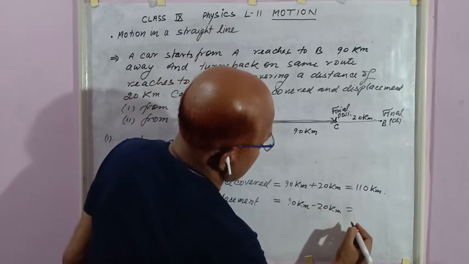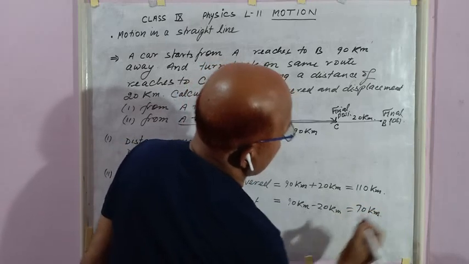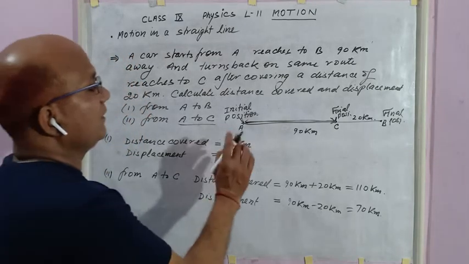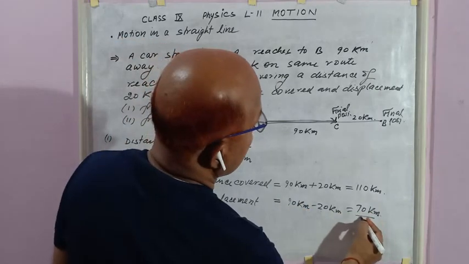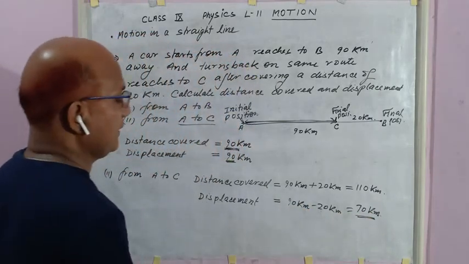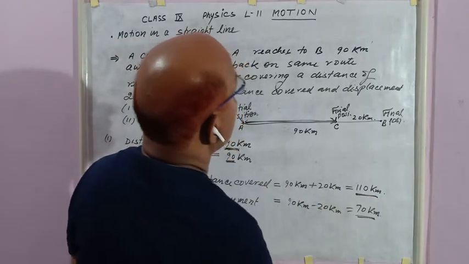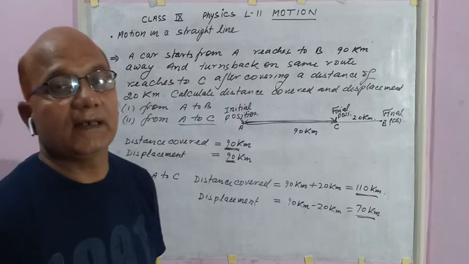So it is 70 kilometer. So in this way, from A to C, the displacement is 70 kilometer and the distance covered is 110 kilometer. Now you can take a screenshot of it.